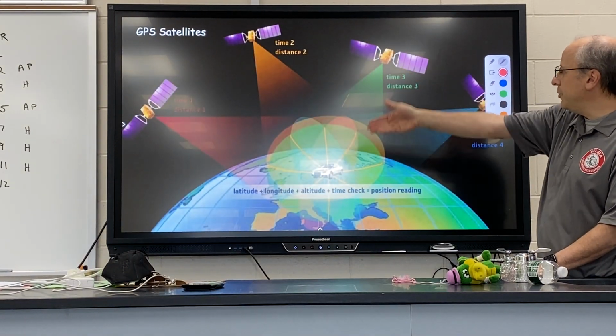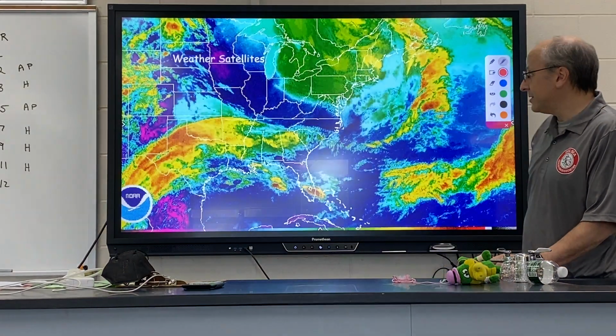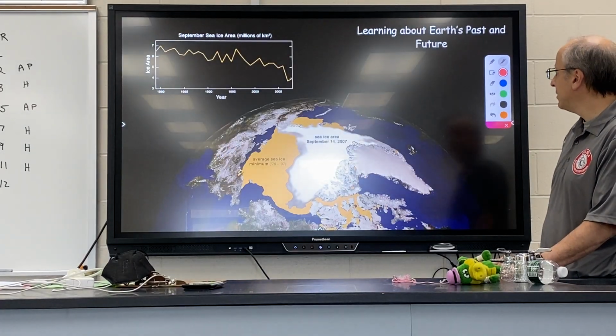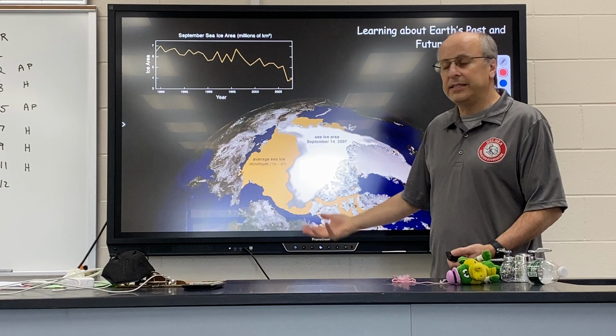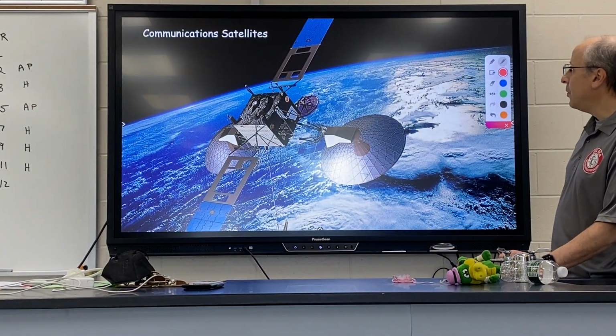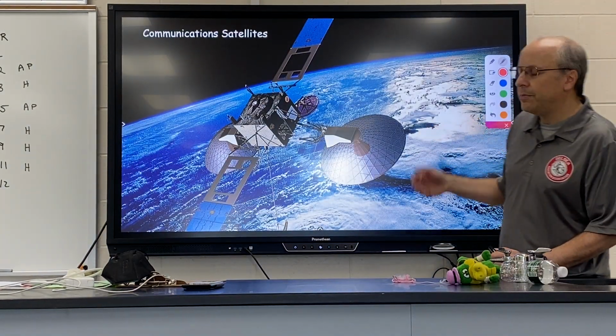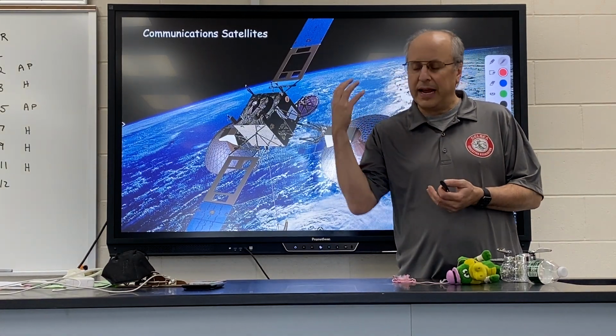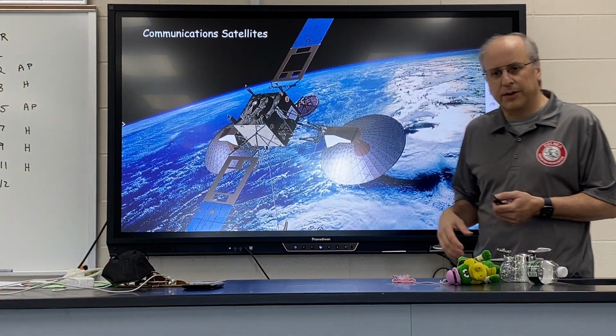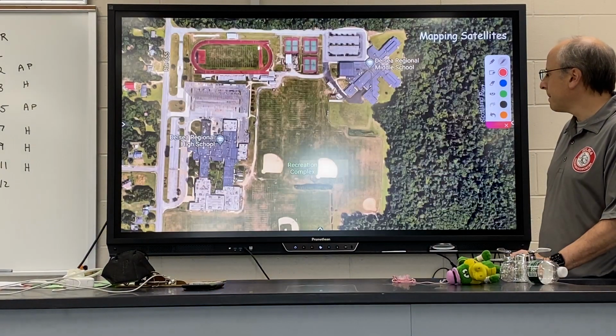We could use it to track GPS satellites, weather satellites, satellites that monitor things like the polar ice caps. We can use it to put communication satellites in orbit and know exactly where those satellites are going to be moment to moment.